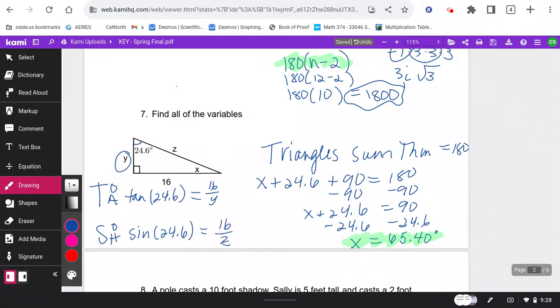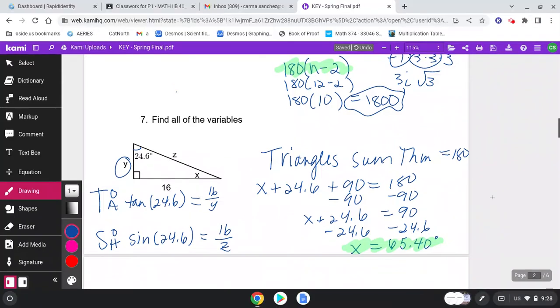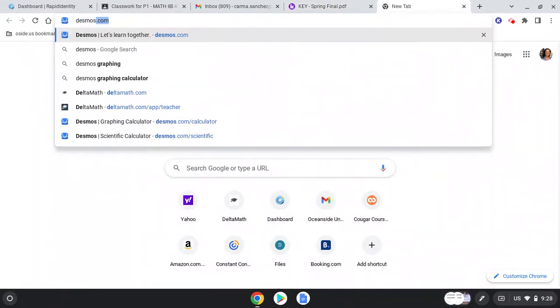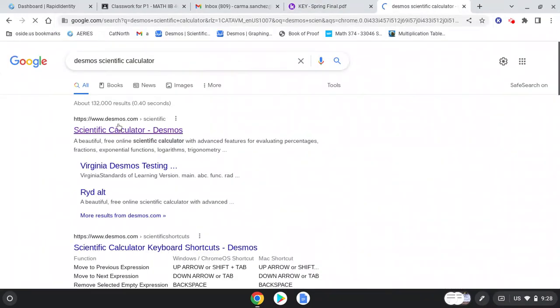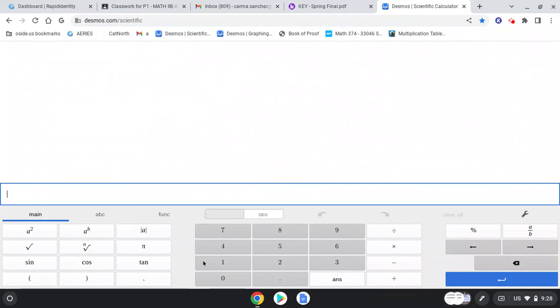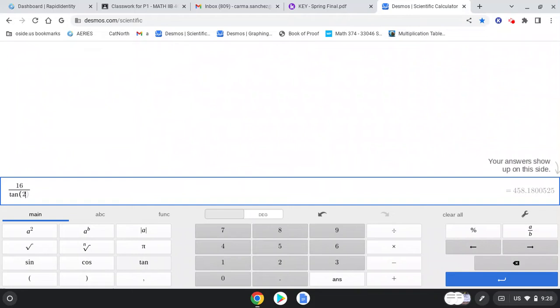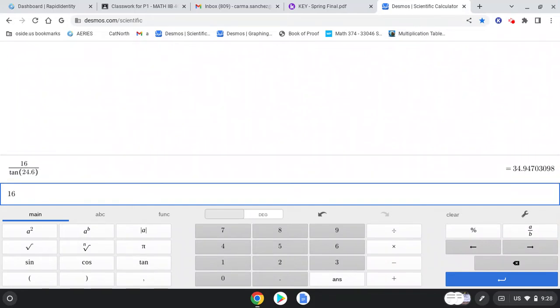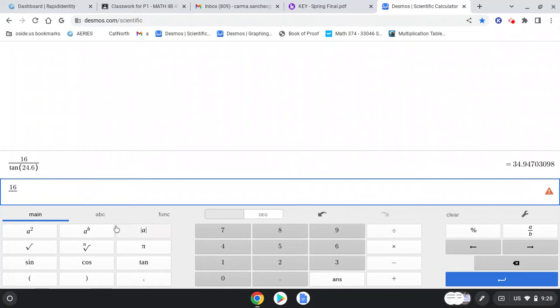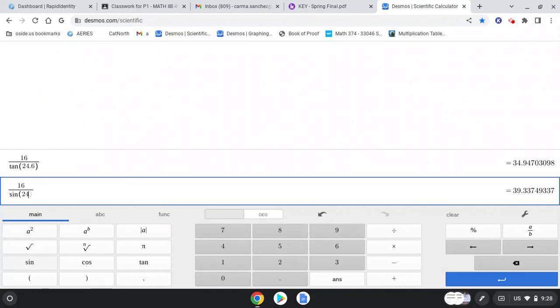So this is going to be the divide one, where I do 16 divided by the tan, and I do 16 divided by the sine. So we get 34.95 rounded and 38.44.